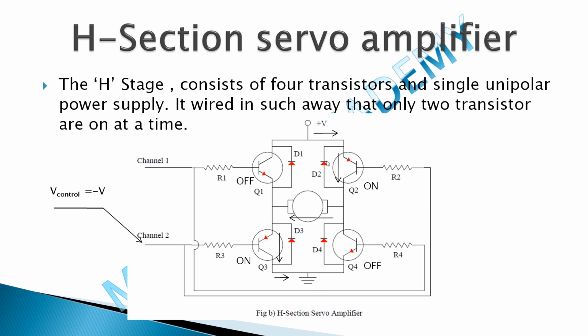Because of that, the positive voltage is flowing across Q2 instead of Q1. Now it's flowing through Q2 from right to left across the motor, then Q3 and then ground. As it is flowing from right to left, I'm getting counterclockwise direction. Like this I can control the S section servo amplifier. As the ground is floating, we cannot take the feedback of current and voltage in this S section servo amplifier circuit.